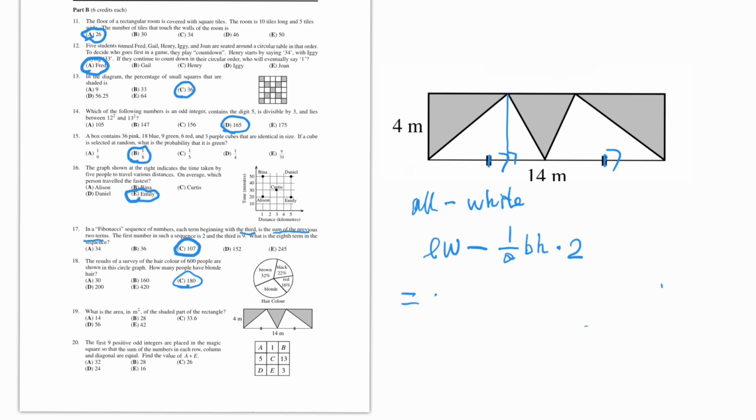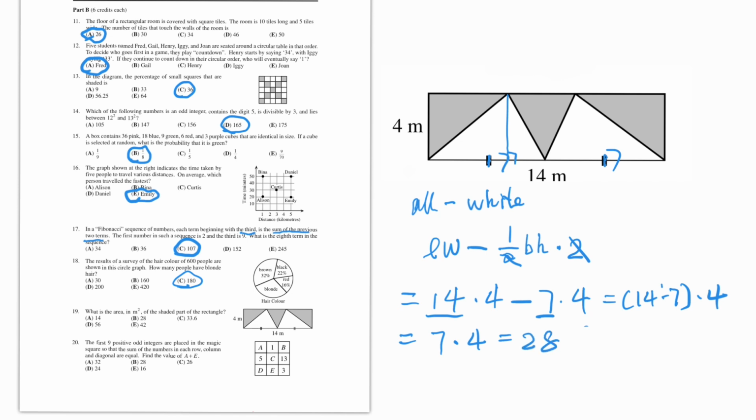Now the length is 14, width is 4, minus, cancel 2, base is 7 and the height is 4. So that's 7 times 4. We use 14 minus 7, factor out 4. So 14 minus 7 times 4. That's 7 times 4 equal to 28. Answer is B.